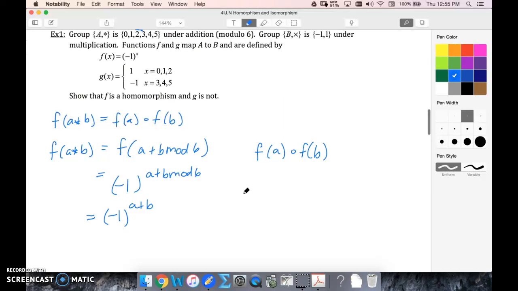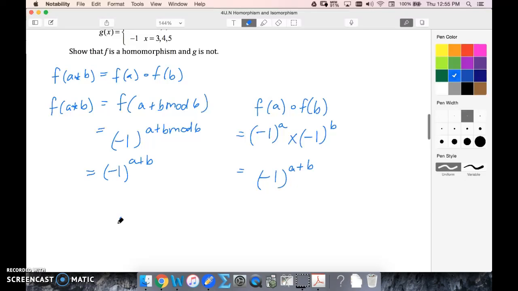So what we're going to end up with is negative 1 to the A power. Now I'm doing my blob, which is multiplication, negative 1 to the B power. So it's going to be some combination of negative 1 and 1, and I don't know which one. This is going to end up, though, using our multiplication properties, negative 1 to the A plus B.